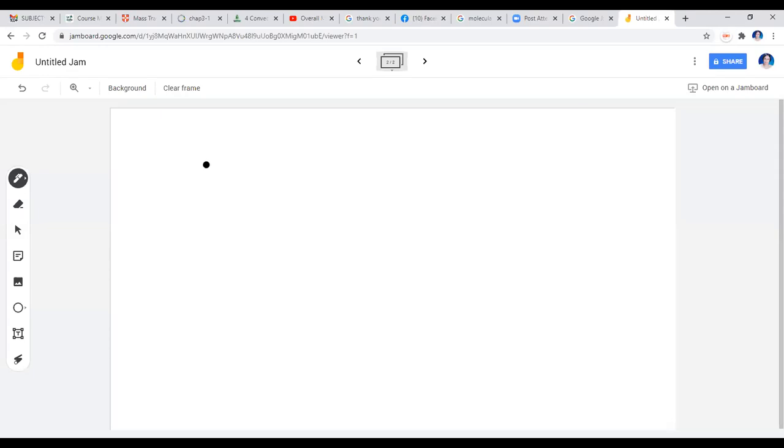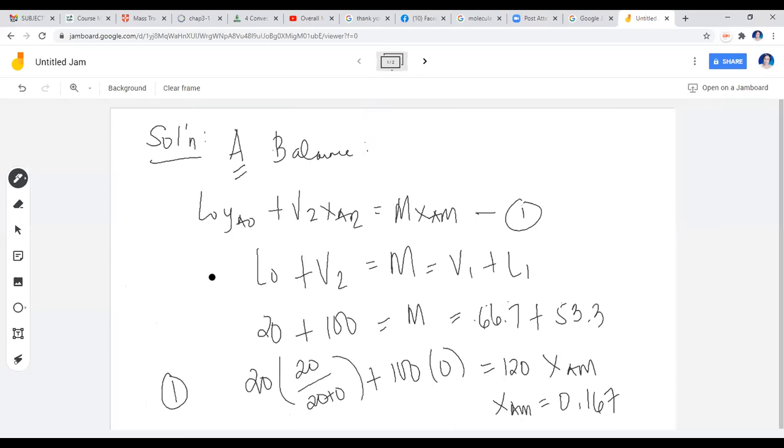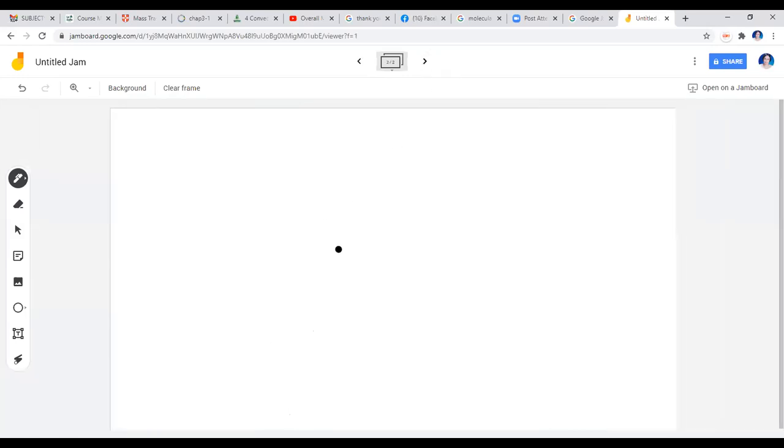Because in here, class, your A balance is based on the feed and the solvent. LO is your feed and V2 is your solvent. Now, what I'm asking is another A balance, but this time based on your overflow and your underflow. It's just the same in terms of pattern as with the feed and the solvent. How do we set it up?